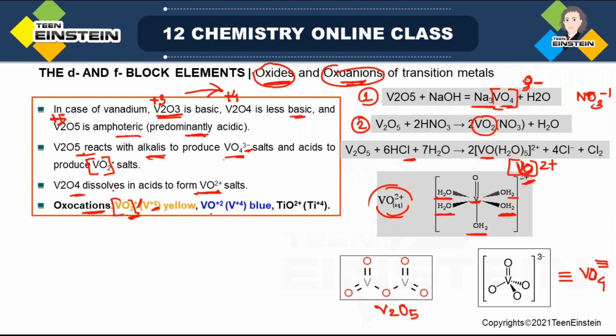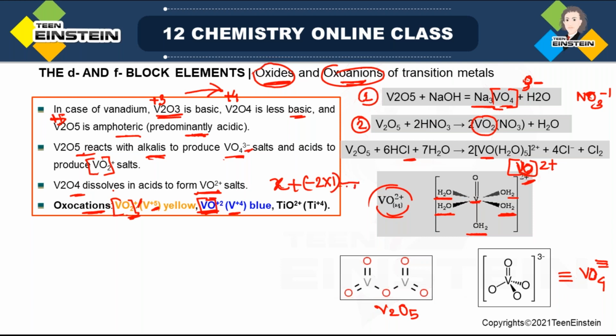Another oxocation has 1 vanadium atom, 1 oxygen atom, but 2 positive charge. Now here the oxidation state of vanadium is +4. And if you have any problem understanding how we are getting the oxidation state, just use this calculation for VO. Suppose the oxidation state of vanadium is X. So it is X plus 1 oxygen, that means -2 charge for each oxygen.